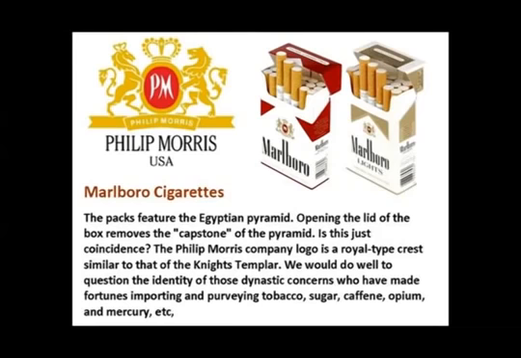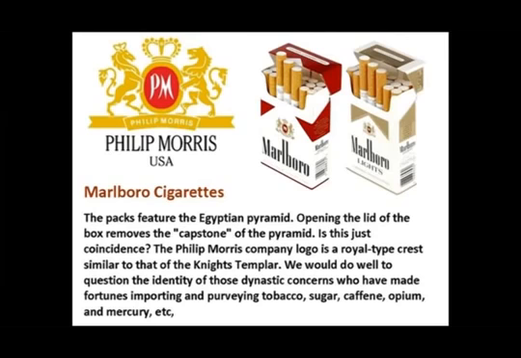Here's a couple of other examples. Philip Morris with a very royal style coat of arms featuring a lion and unicorn. The Marlboro Corporation using the pyramid and even the removable capstone. Their packs feature the Egyptian pyramid, but if you open the lid of the box, it's like removing the capstone of the pyramid.